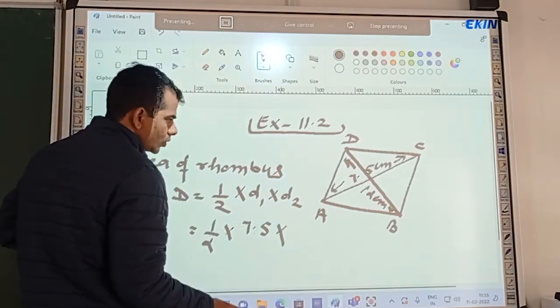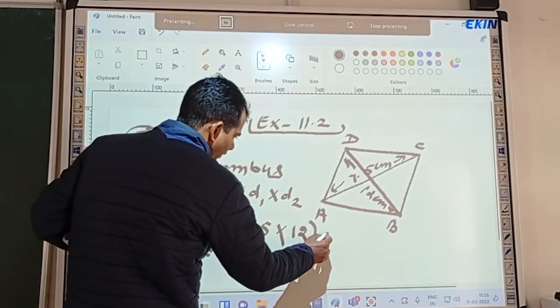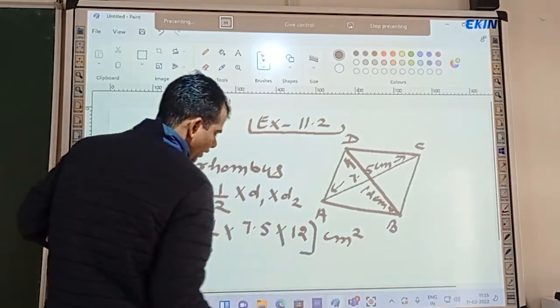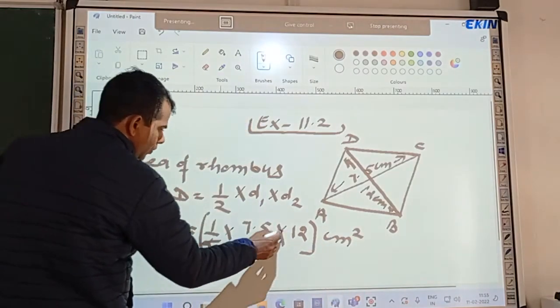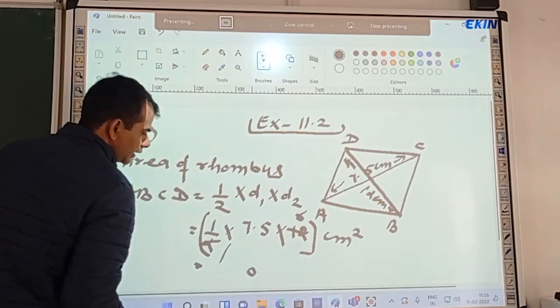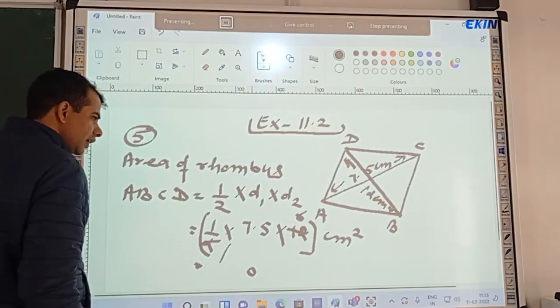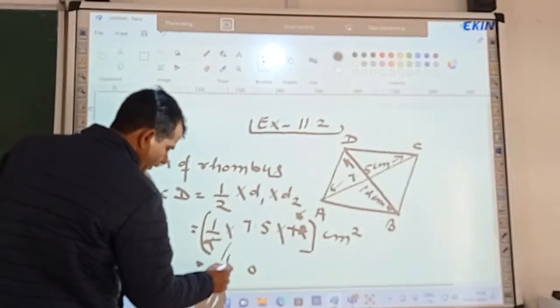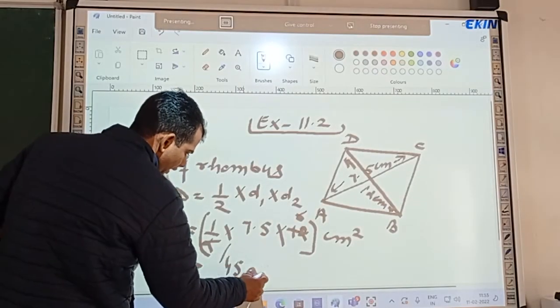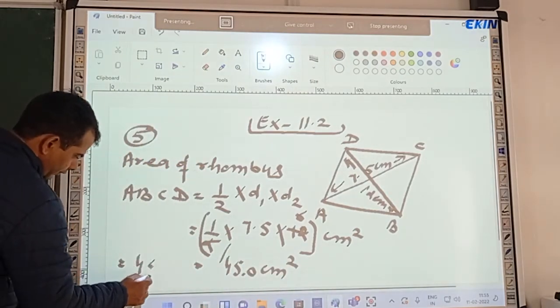What is d2? 12 centimeter square. 2 1s are 2, 2 6s are 12, 6 5s are 30, 6 7s are 42, 42 plus 3 is 45 centimeter square. It becomes 45 centimeter square.